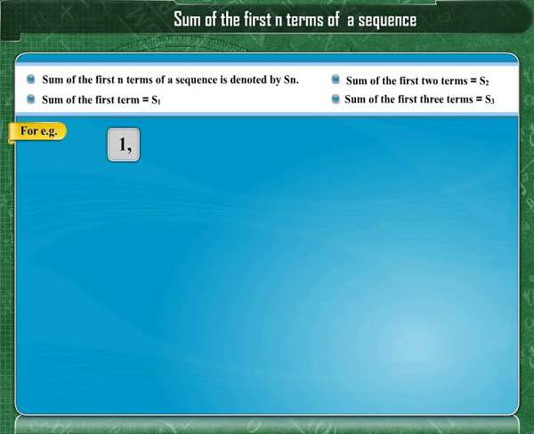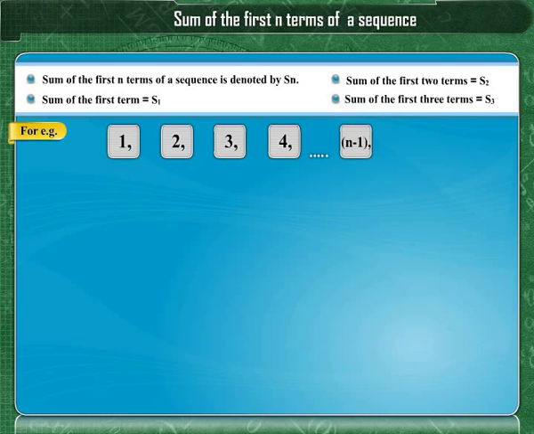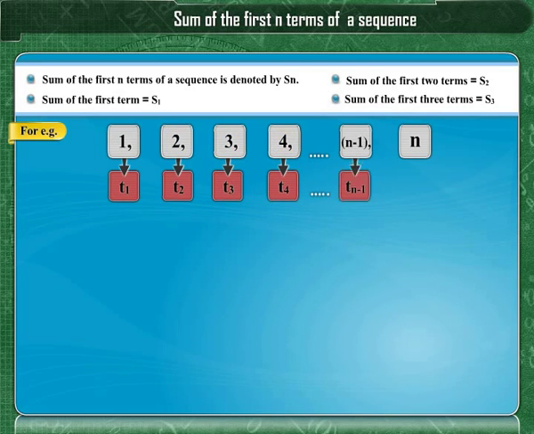Consider the sequence 1, 2, 3, 4, and so on up till n-1, n. In this sequence, we know that T1 is 1, T2 is 2, T3 is 3, and so on. Tn-1 is n-1, and Tn is n.